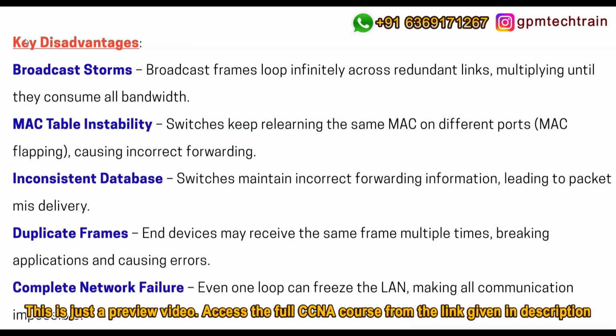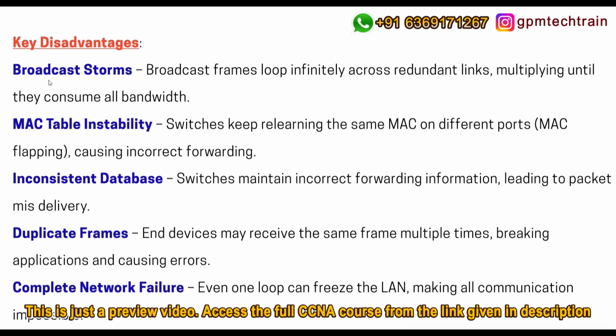These are all the key disadvantages: broadcast storms, MAC table instability, inconsistent database, duplicate frames, and complete network failure. The entire LAN network would go down within seconds, 2 to 5 seconds maximum. So let's go one by one.